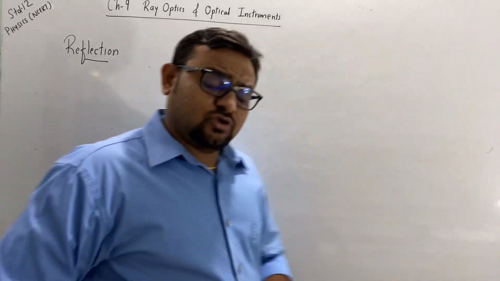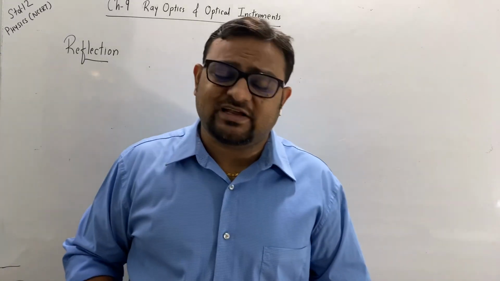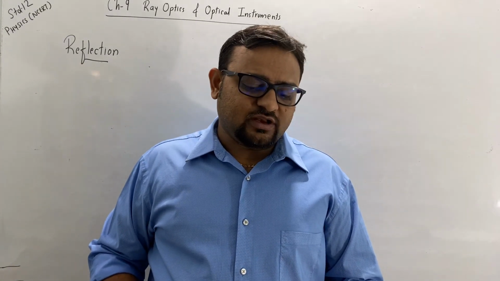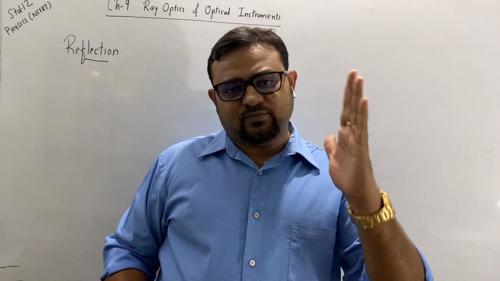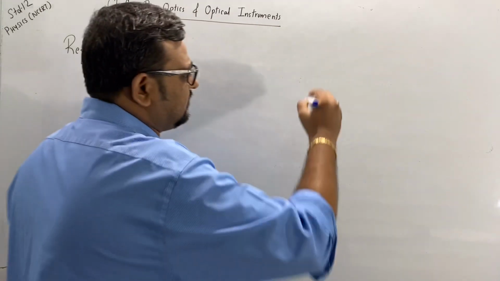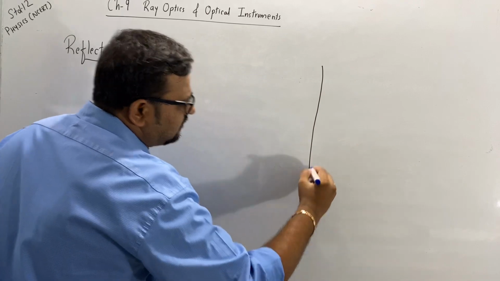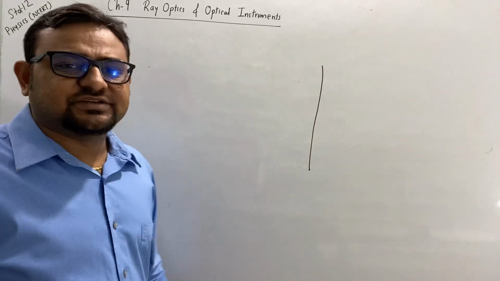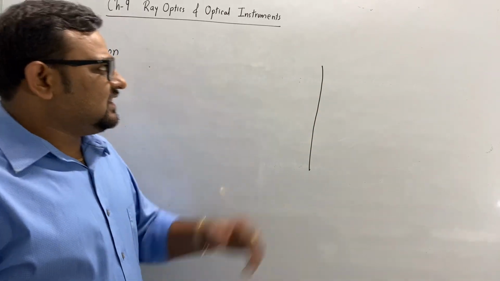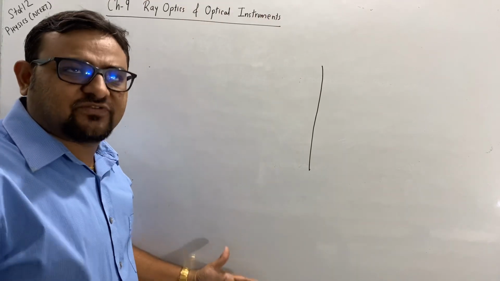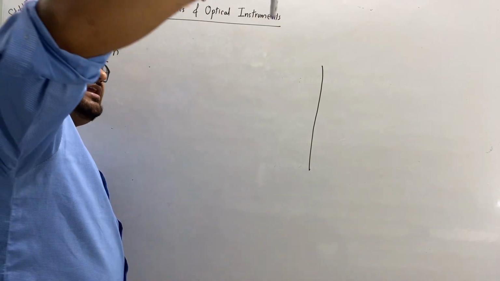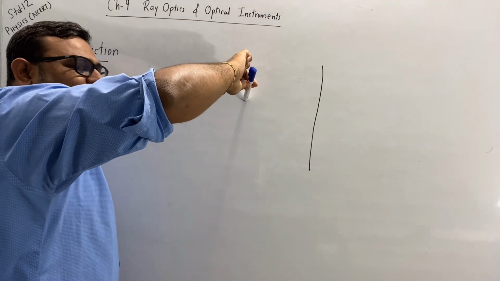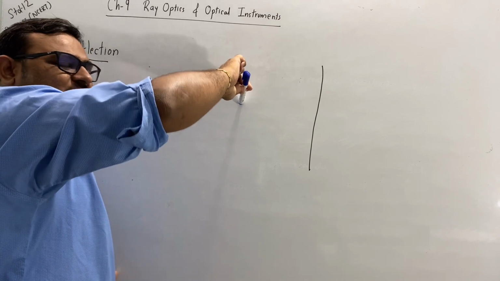Now, first, what is reflection of light? Let's say there is a medium, and this is a plane surface. Or else, let's say this board is a plane surface. Now, when light is incident on this surface, what will happen? It will not pass through this board, right?